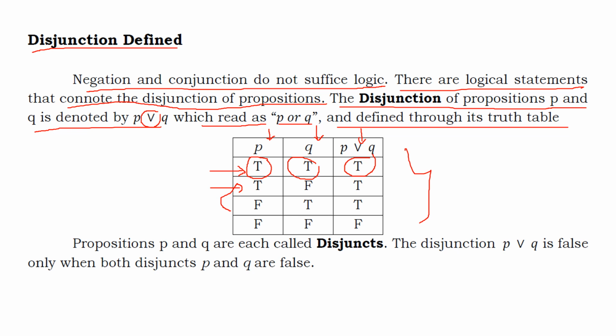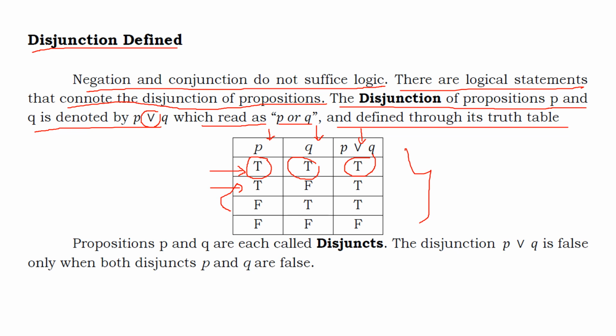Unlike in your conjunction, if one of the truth values of your P and Q propositions is false, it's automatic that the conjunction of propositions P and Q is false. But in your disjunction, if one of your propositions is true, even if the other one is false, then the truth value of the disjunction of propositions P and Q is automatically true.